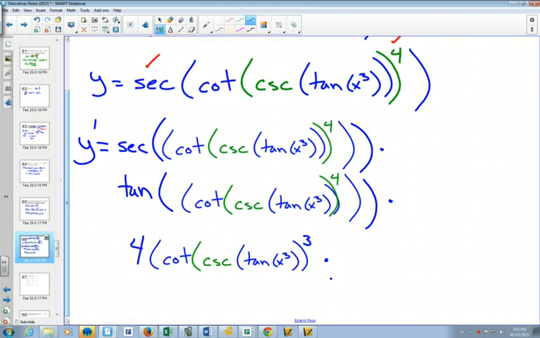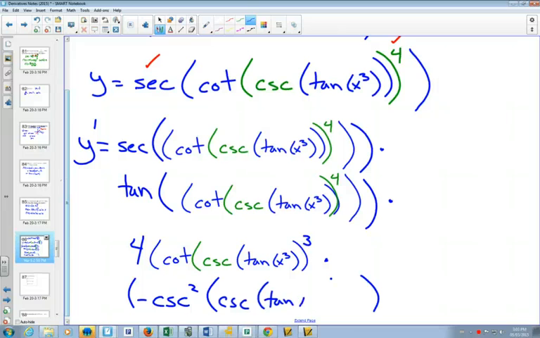The derivative of cotangent is negative cosecant squared. So now we'd multiply by a negative cosecant squared of everything that's inside the cotangent, which is cosecant times tan x cubed. Oh, too many brackets. Would still be there.